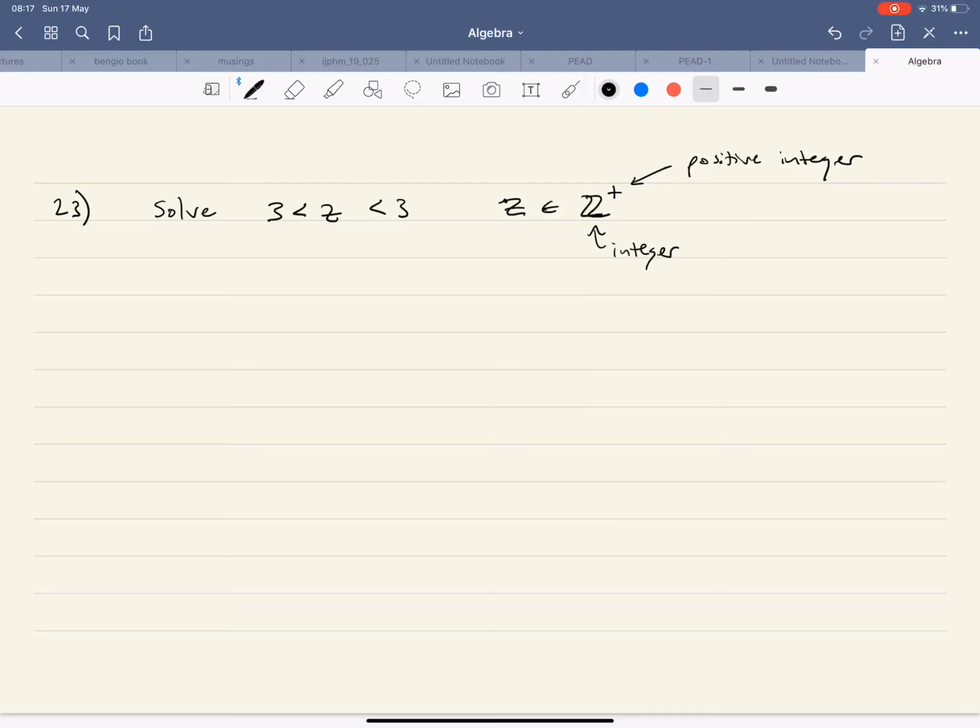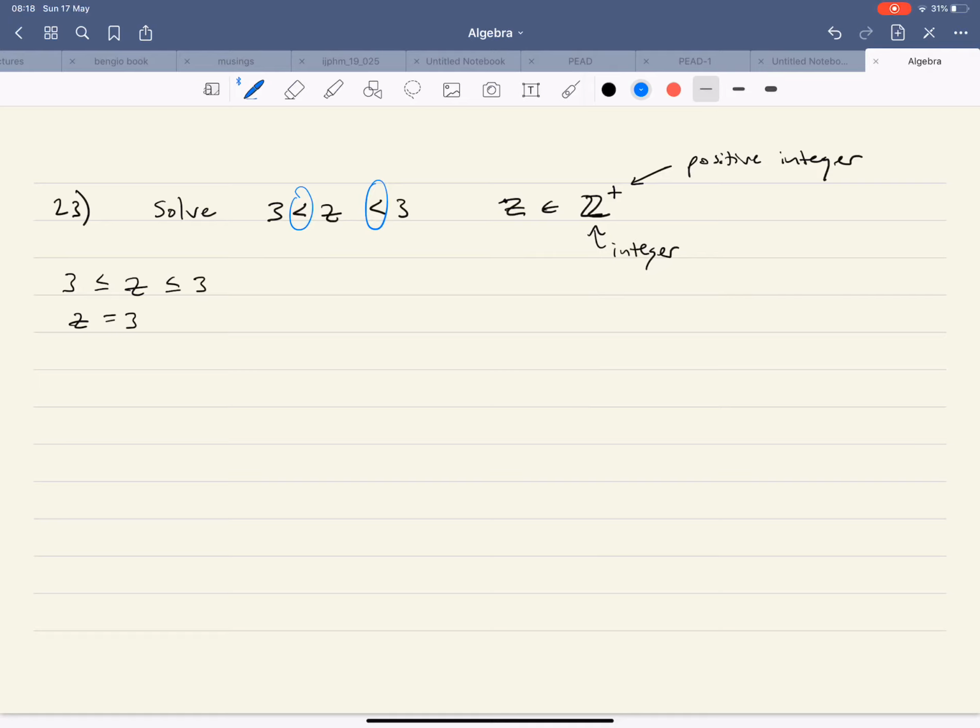So, if I had 3 less than or equal to z less than or equal to 3, then this expression would be satisfied with z equals 3. Here, in the original expression, I don't have any less than or equal to symbols, right?